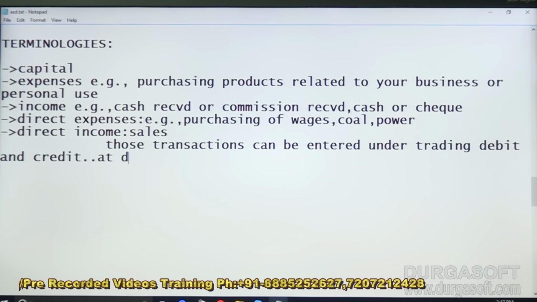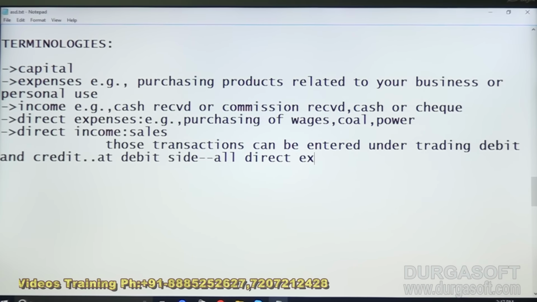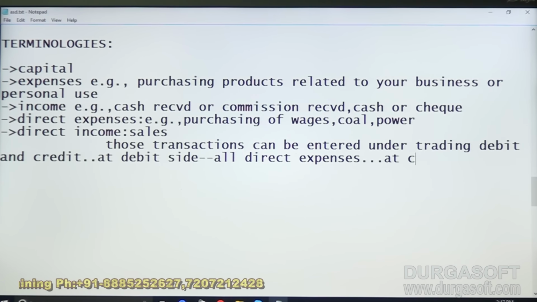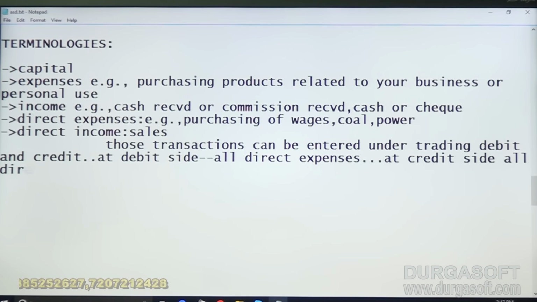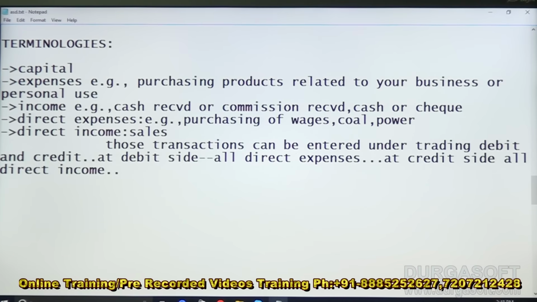At the debit side we can see all direct expenses, and at the credit side all direct income. So these are the total basis. We can talk about indirect expenses and indirect income. If you are able to understand indirect expenses and indirect income, it is very easy to understand direct expenses and direct income also.